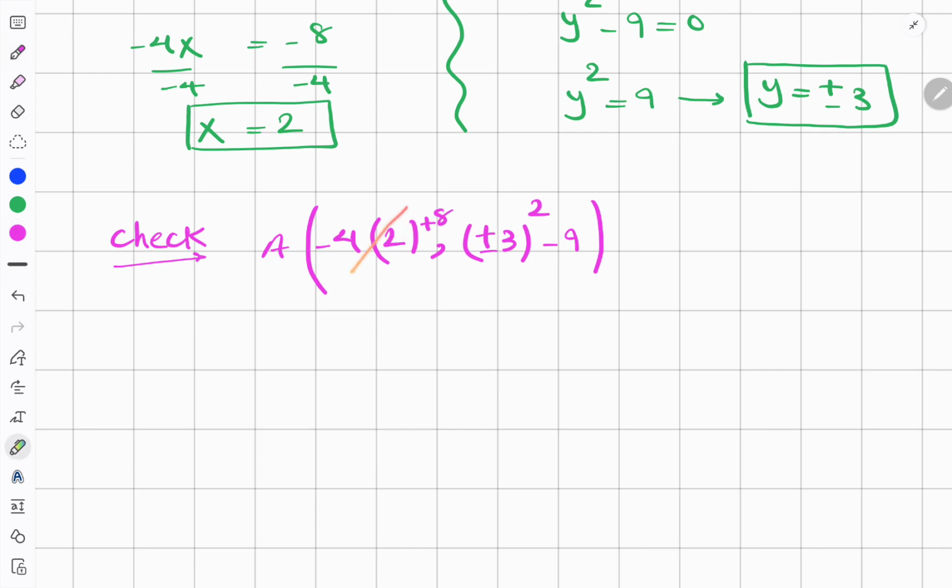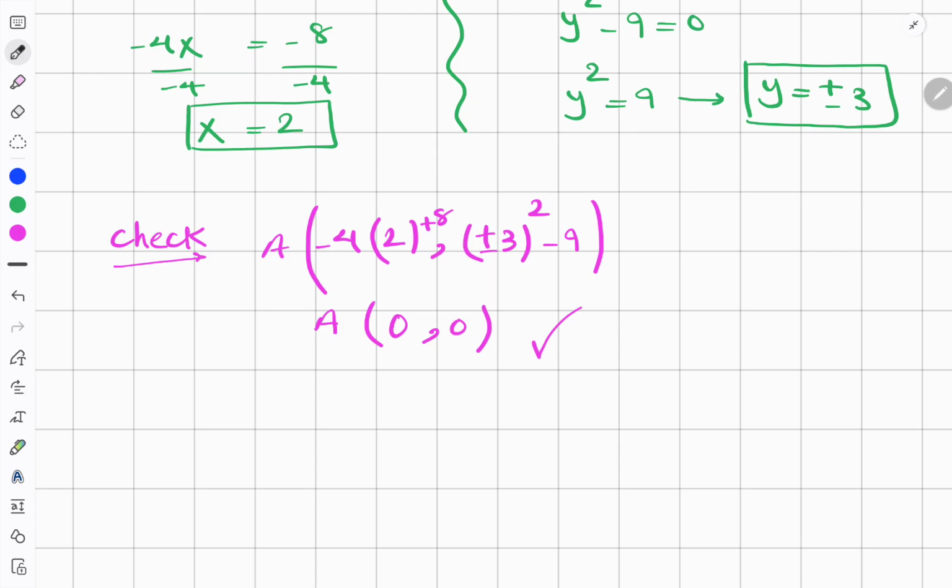Negative 4 times 2 is negative 8, and negative 8 plus 8 is 0. Positive or negative 3 raised to the power 2 is positive 9, so 9 minus 9 is 0. So A is (0, 0) and is located on the origin. So our answer is completely correct.